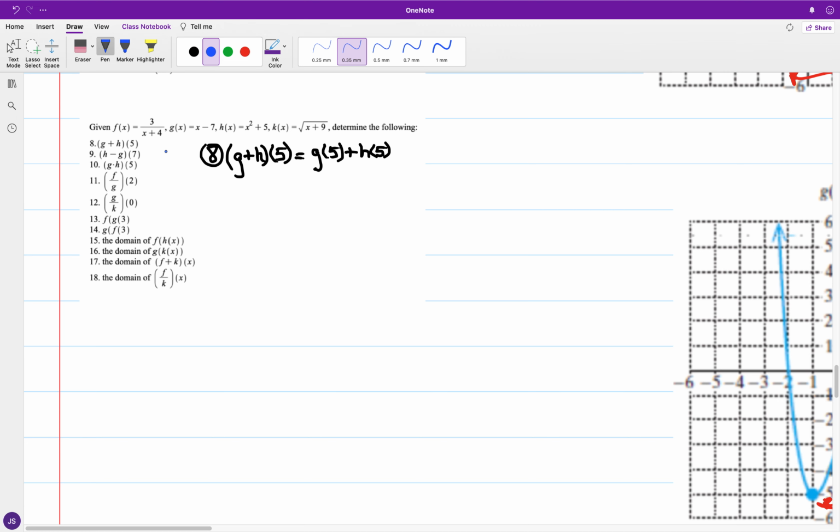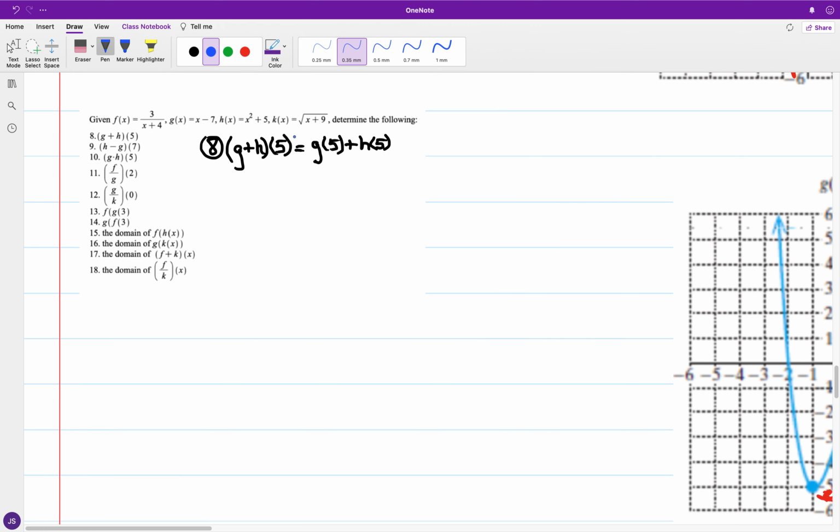And if we go ahead and determine what g of 5 and h of 5 are, to determine g of 5, you're referencing g of x with x at 5. So g of 5 is going to translate to 5 minus 7, and 5 minus 7 is equal to -2. Now for h of 5, we're referencing h of x, so h of 5 is equal to 5 squared plus 5.